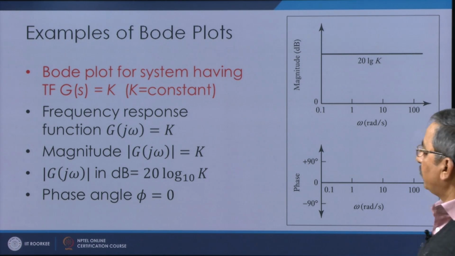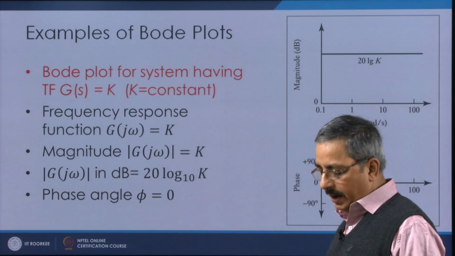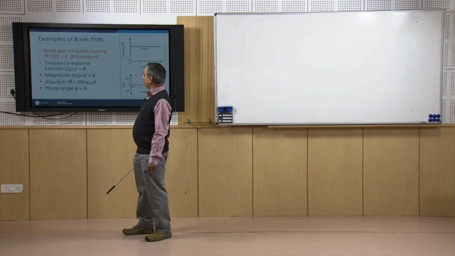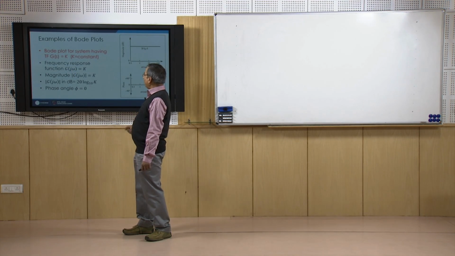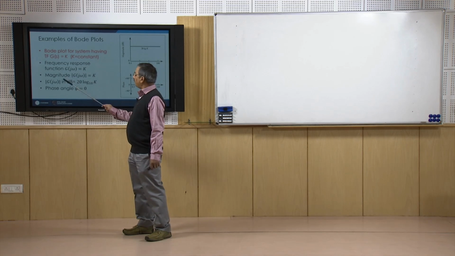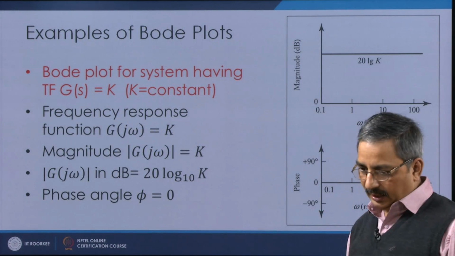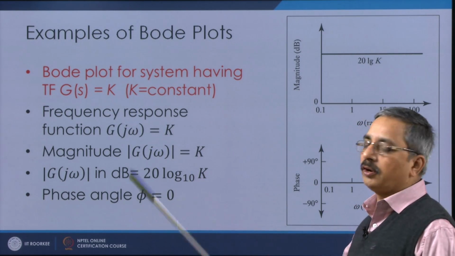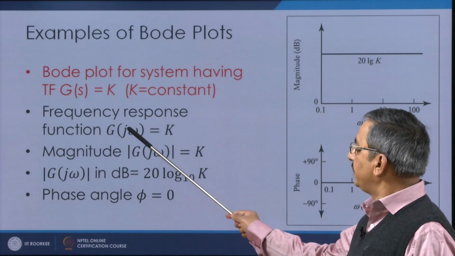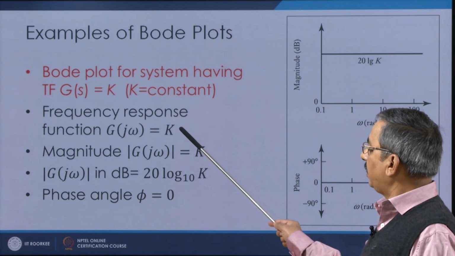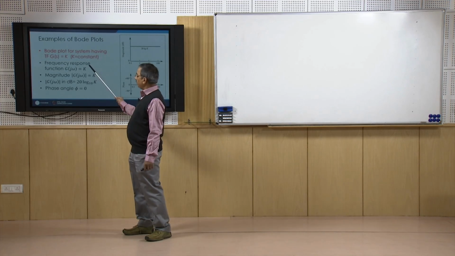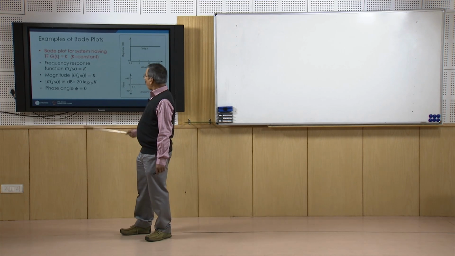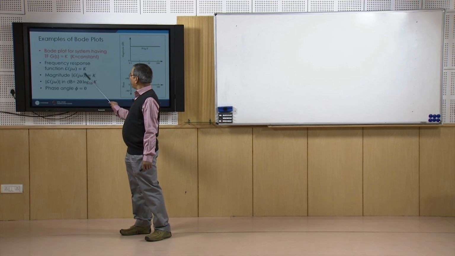Now, I can get the frequency response function from this transfer function by replacing s by jω. So, I get G(jω) is equal to K, because K is a constant.